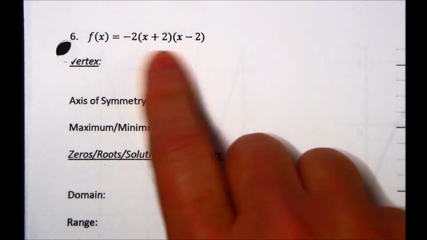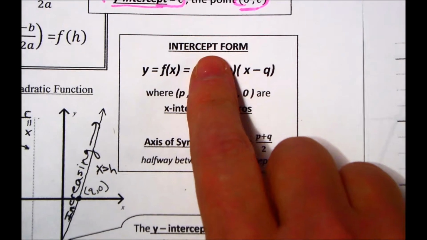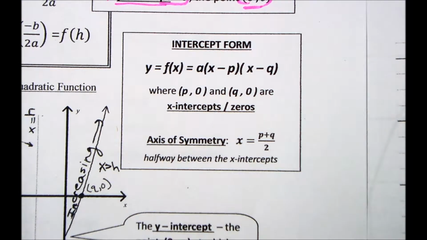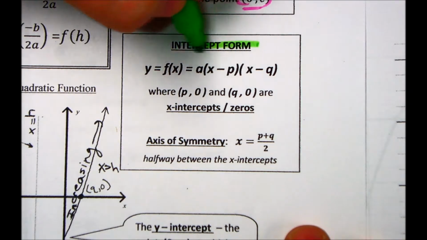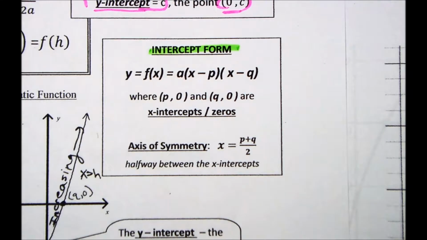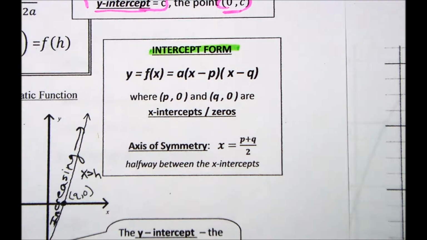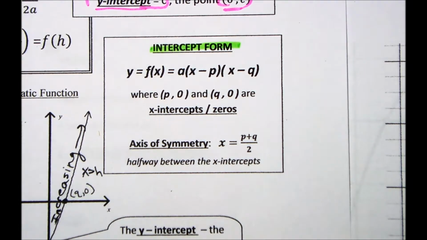This problem, number 6, is in intercept form. Intercept form is a little bit different. Another name for it is factored form.